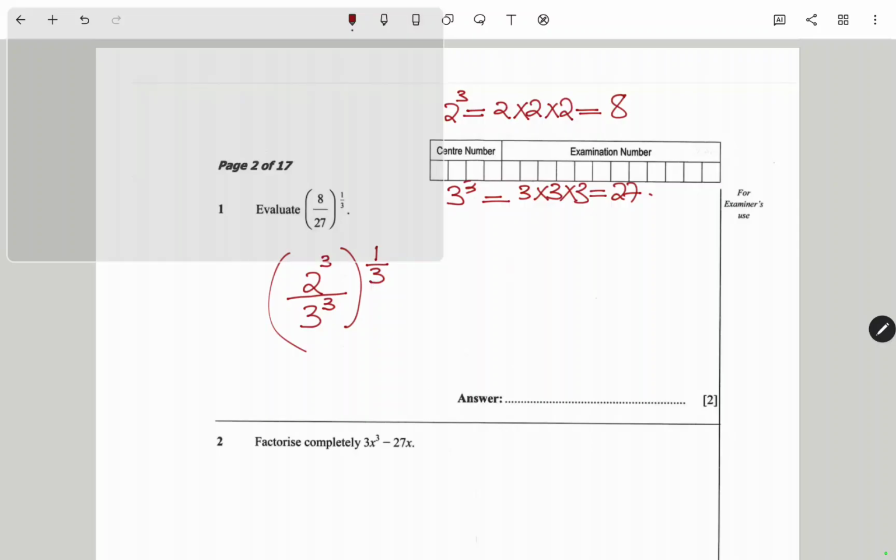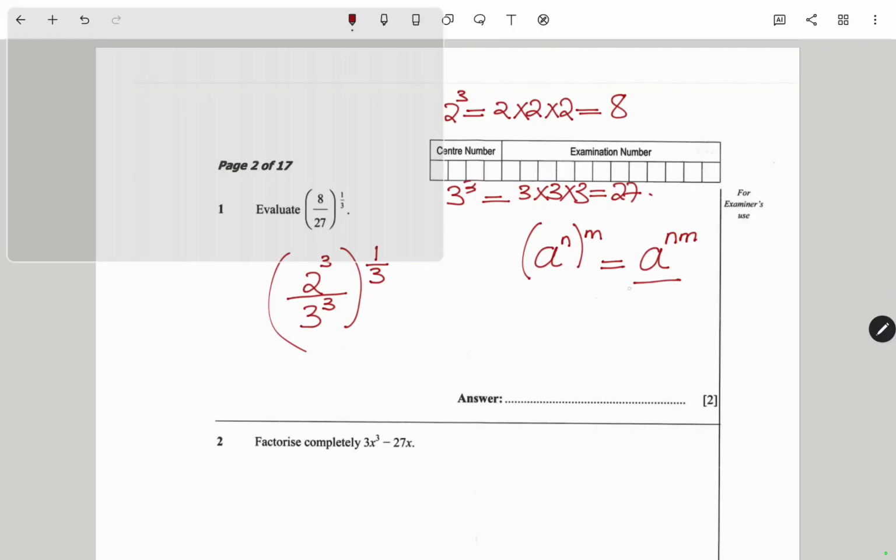Now, there's a law of indices which says that if a power, maybe a to the power n, is raised to another power such as m, to simplify this we can simply multiply the powers. This will be equivalent to a to the power n times m.